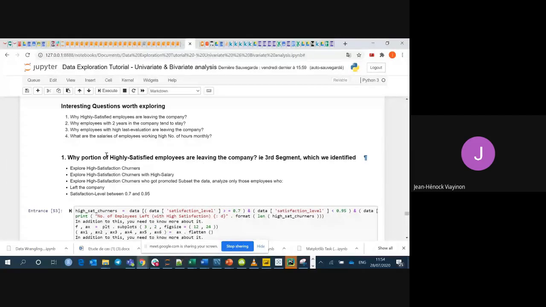Explore high satisfaction employees with high salary, explore high satisfaction employees who got promoted. Think about the kind of analysis you can conduct to do a deep dive. At the beginning you will be directed, but next you will have to design the analysis yourself.